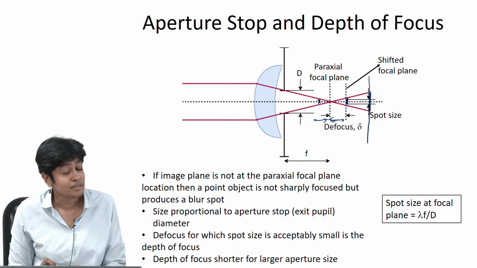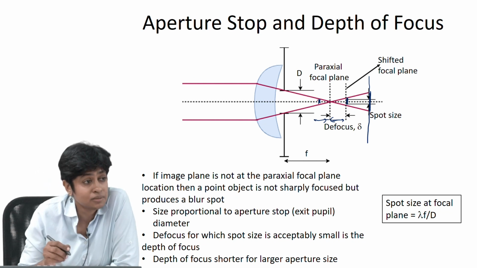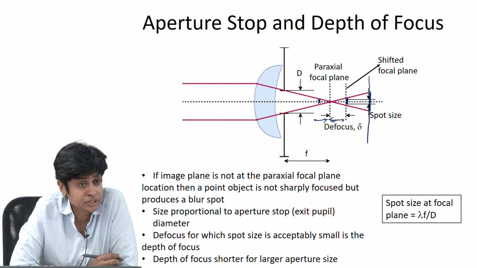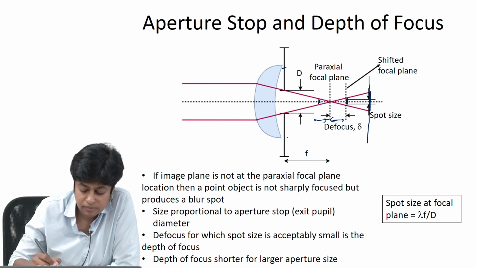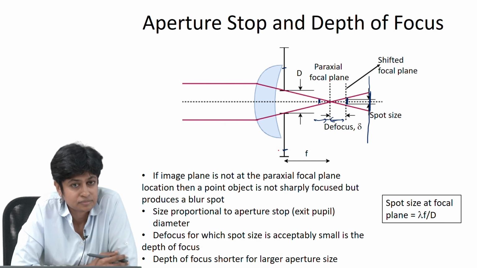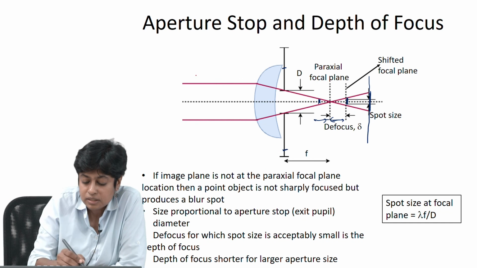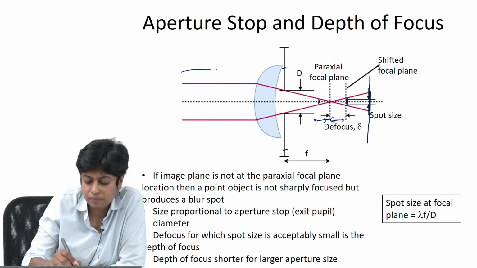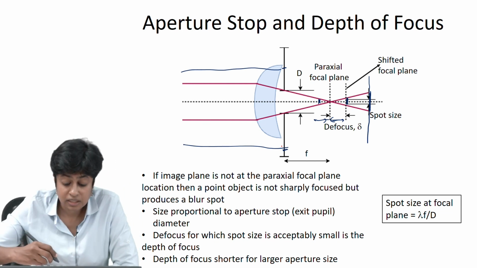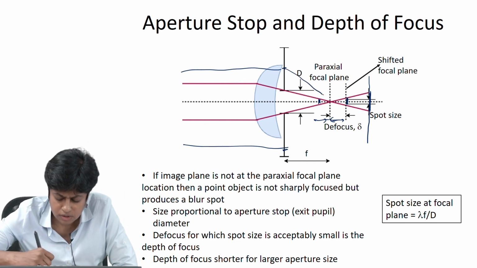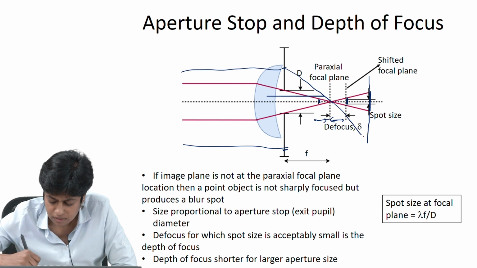I can see that if I changed the aperture stop dimension, let's say the aperture ended here, that means this much beam of light is coming in, right? It's still the same lens, so it's still focusing at the same place.